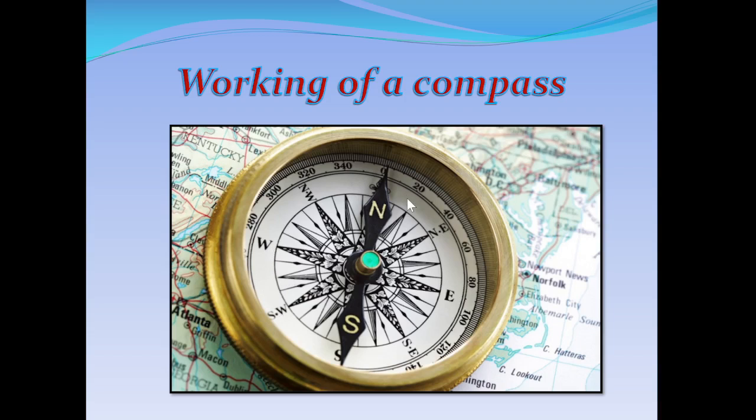Depending on which direction you are going, it would always point towards the north pole, and that would show you in which direction you are moving, whether it's towards the north, south, east, or west. By simply rotating that disk, you can find out exactly which direction you're moving in, because the needle would always point in the north-south direction no matter how you keep it.